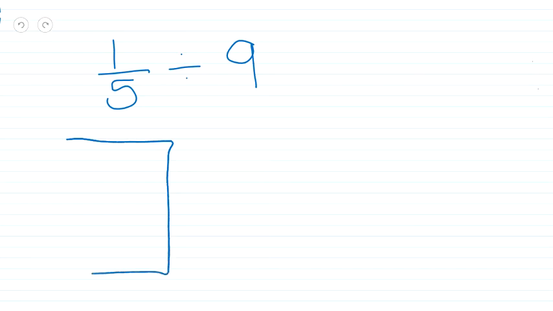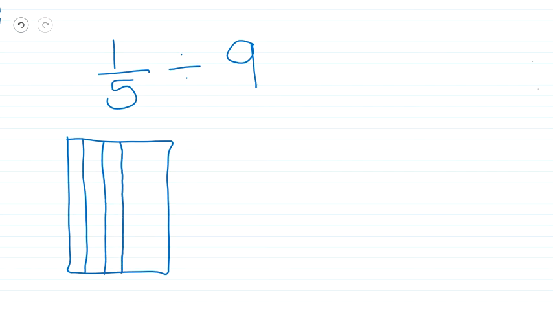So let's make a nice model. We're going to split this empty box into 5 equal pieces. So we have 1, 2, 3, 4, 5. Now to make 1/5, we just have to shade in one area. So we're shading in one area. Pretty simple. So we have a model of 1/5.